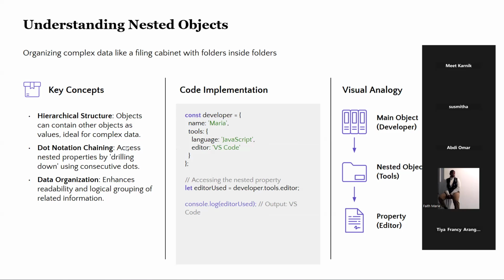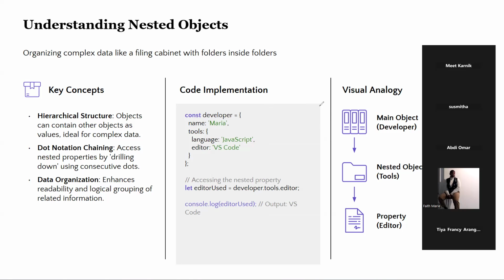If we want the nested editor value, we drill down step by step using dot notation: developer dot tools dot editor.